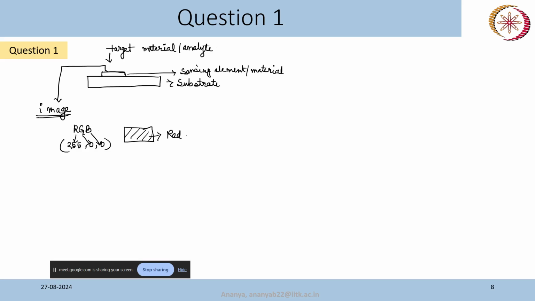It is binary, either 0 or 1, yes or no, right? Then it is a qualitative detection. I should have written it the opposite way. So this is known as qualitative detection of the target material.